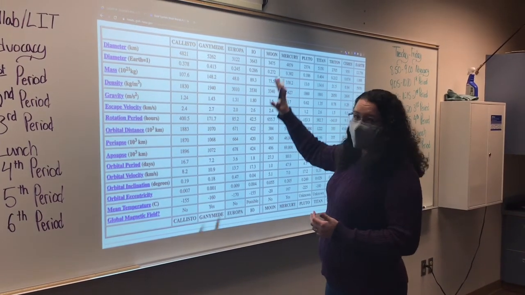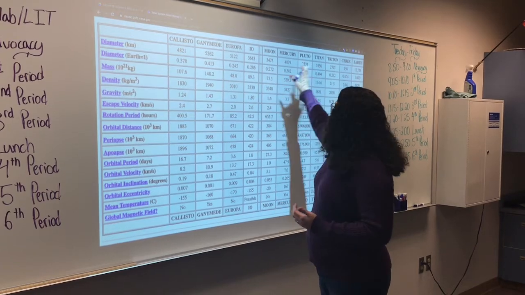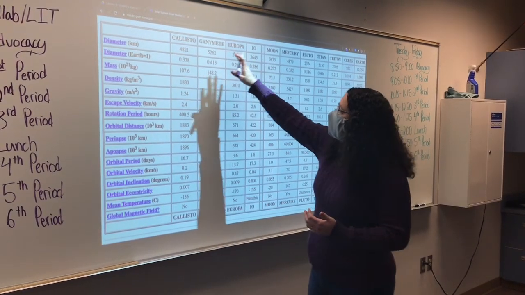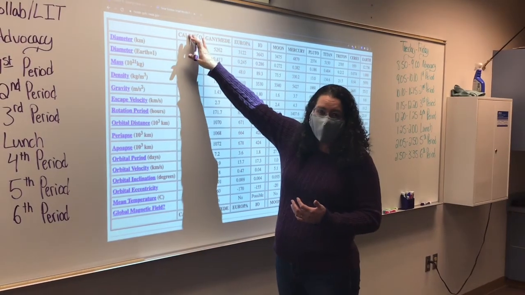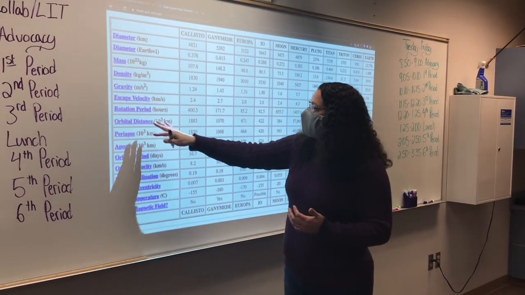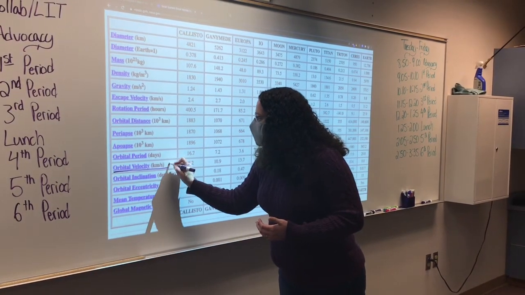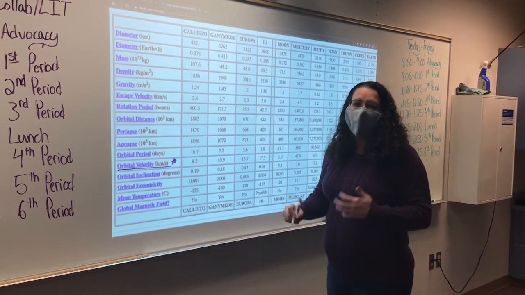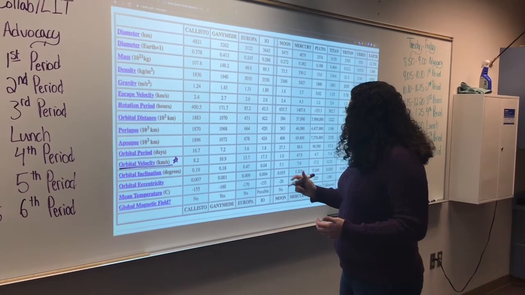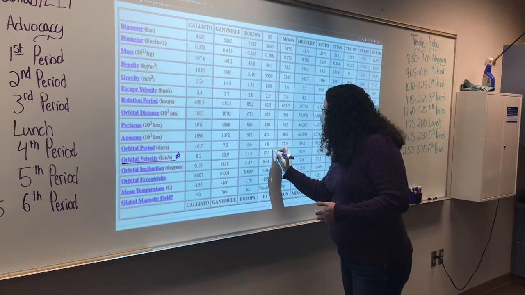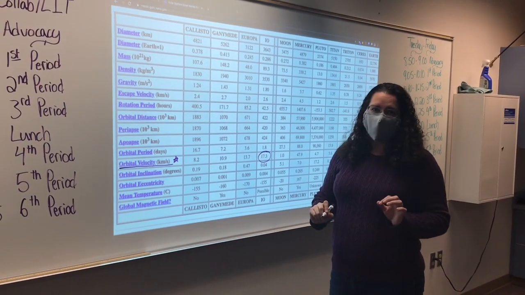But actually, here's some data on different bodies, planets, and moons. If we look at Jupiter's moons right here, we have Io, Europa, Ganymede, and Callisto. And there's the distance. But right here, orbital velocity tells us how fast something is moving. So we know that like 75 miles per hour is faster than 55 miles per hour. So for Io, you can see that its orbital velocity is 17.3 kilometers per second.